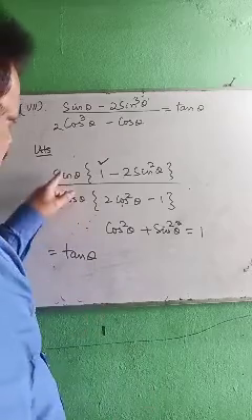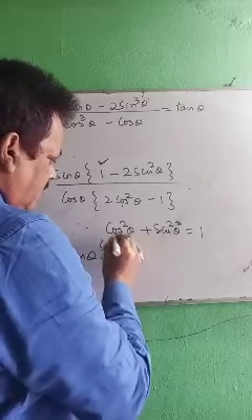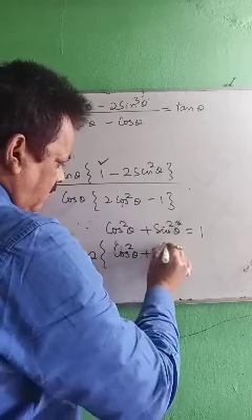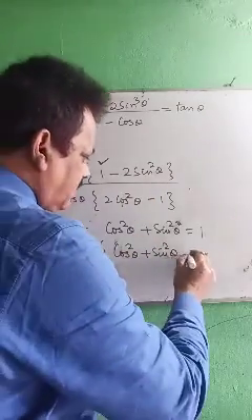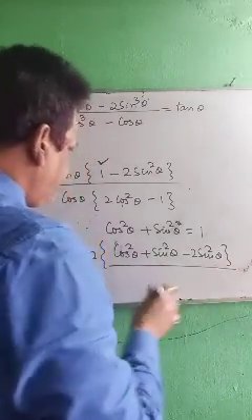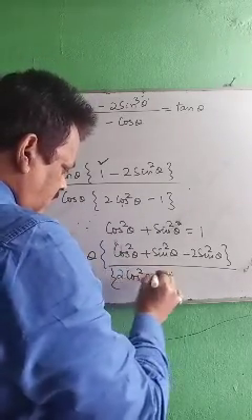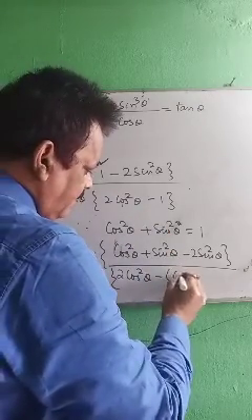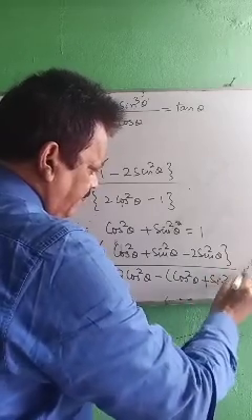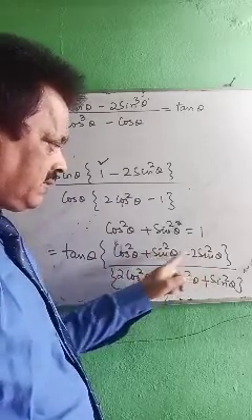Why tan theta? The sin theta by cos theta is 1. Now for this one you are writing cos square theta plus sin square theta. Then minus 2 sin square theta divided by 2 cos square theta, this one you write in the bracket here, cos square theta plus sin square theta. Okay, now sin square theta minus 2 sin square theta is minus sin square theta.